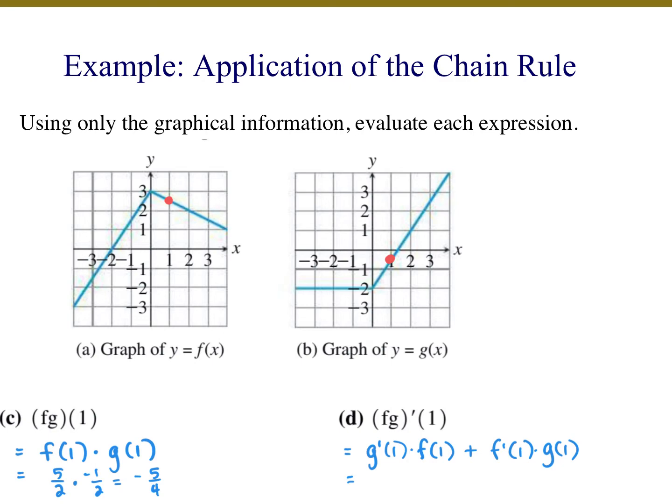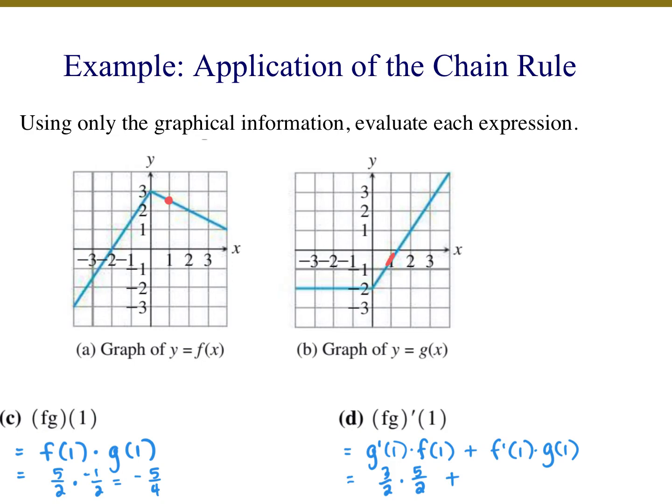So we are supposed to be starting with g prime at 1. In other words, we're starting with the slope value right here at 1. And so if you count off, that slope is up 3/2. So this is 3/2 multiplied by f of 1, which we look back at the f graph and we know that to be 5/2.